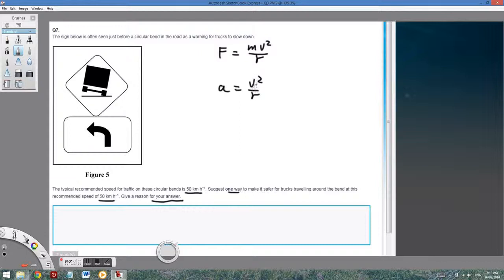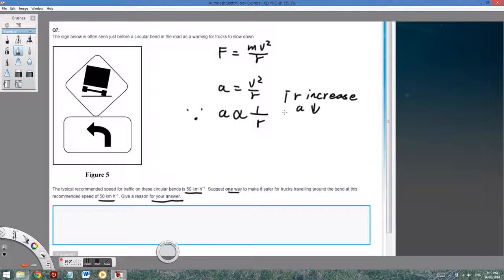If the speed is kept constant, acceleration is inversely proportional to the radius. Since it is inversely proportional to the radius, when the radius increases, my acceleration would decrease.